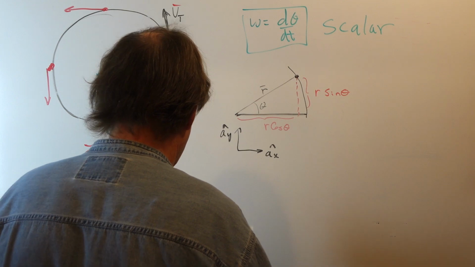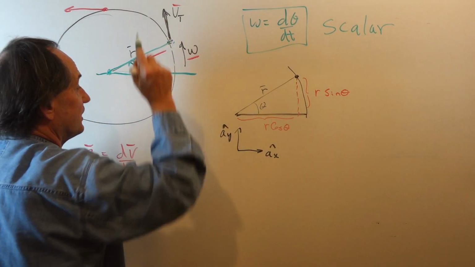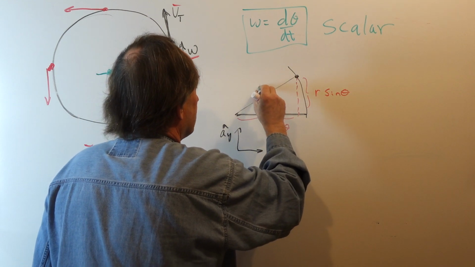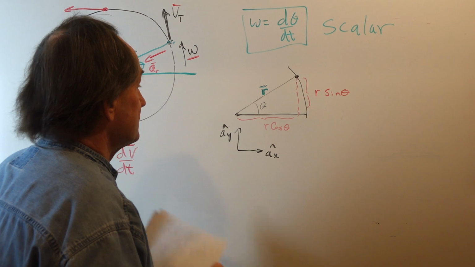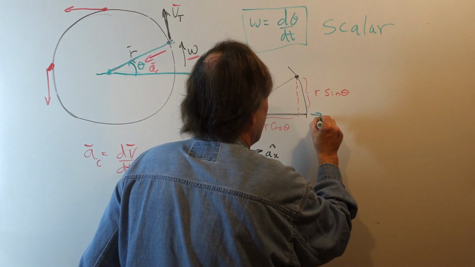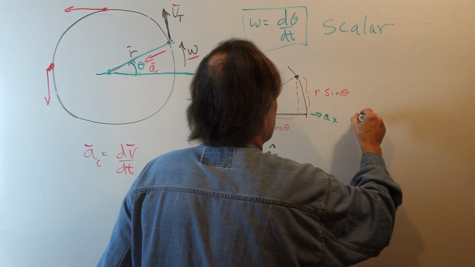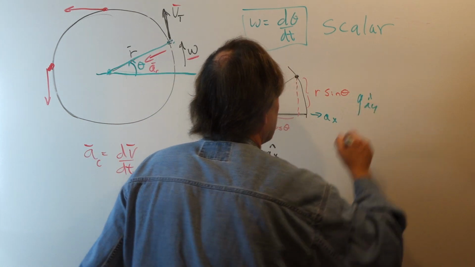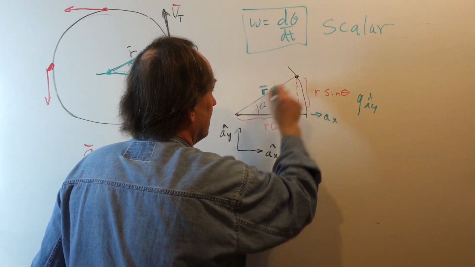Now, the radial vector, r, going from the center to the object, I'll call this vector r. And if I use Cartesian coordinates, this is the ax direction. That's what I have here. And this is the ay direction, the xy directions. And I can break this radial vector into components.